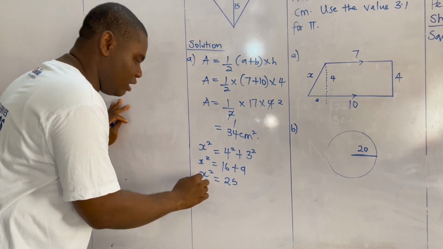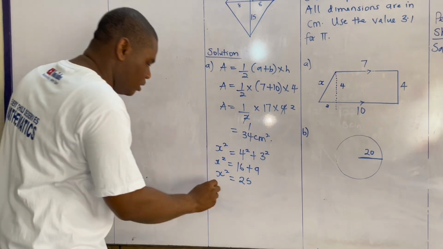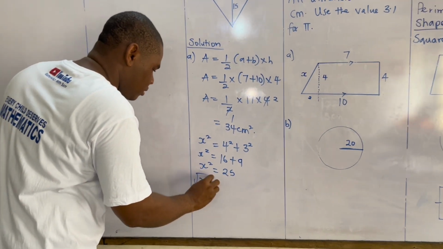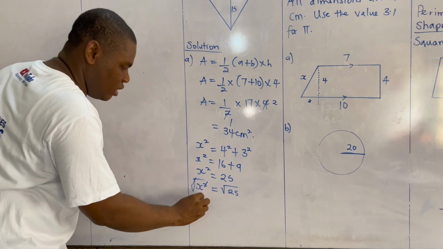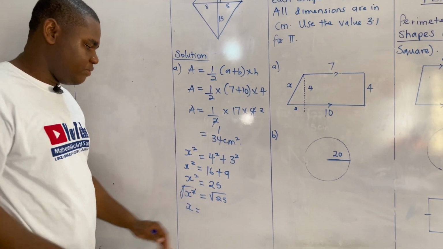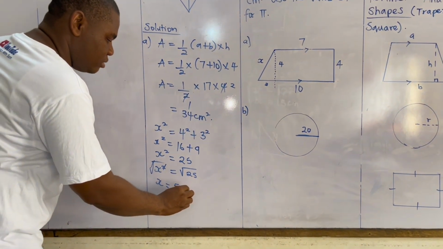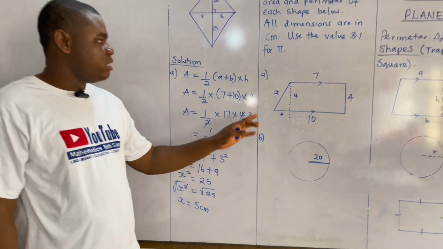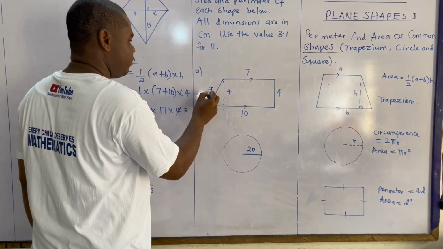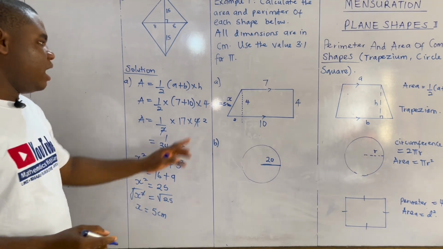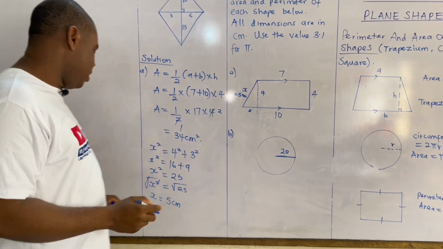To find x, I take the square root of both sides. The square root cancels the square, so x is equal to the square root of 25, which is 5 centimeters. So this side is equal to 5 centimeters.